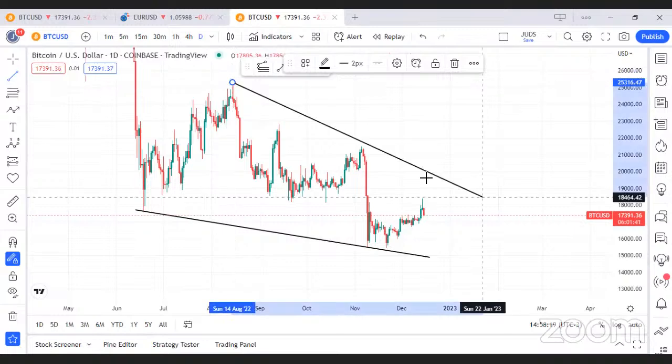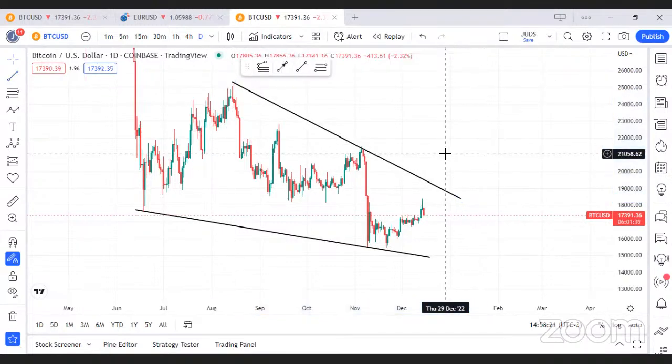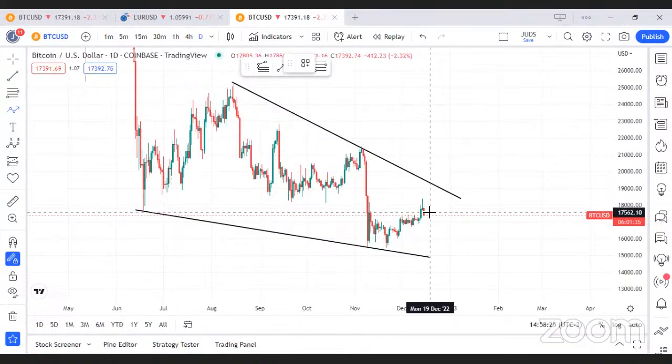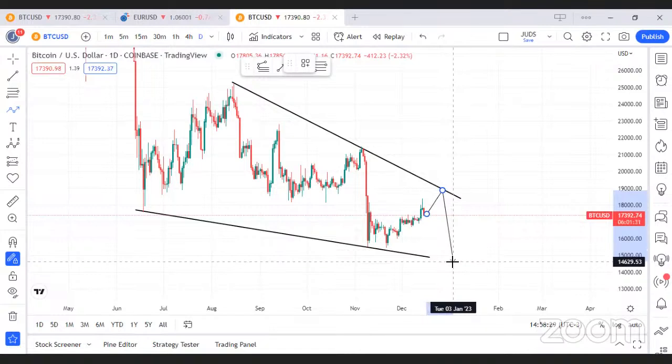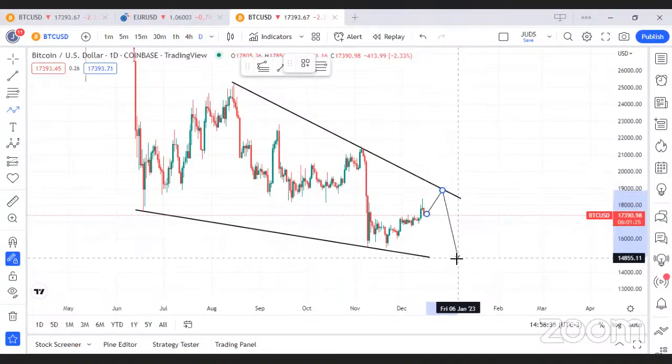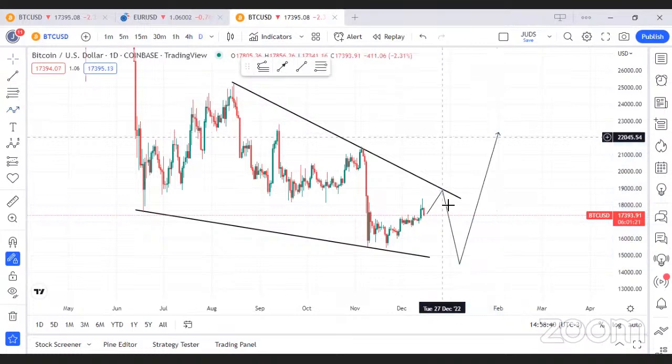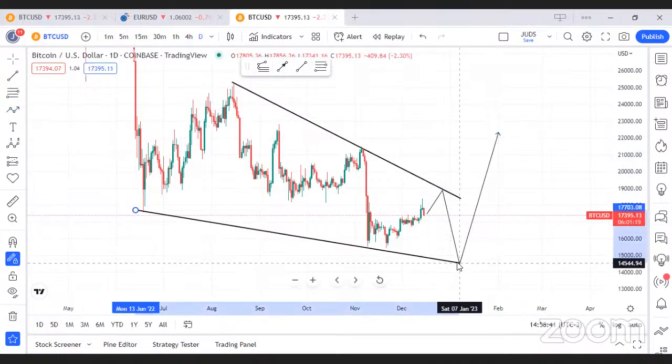At first I was expecting it to go to tie the top, to complete, to first go up and come down to complete something of an ending diagonal for us to have a reversal.